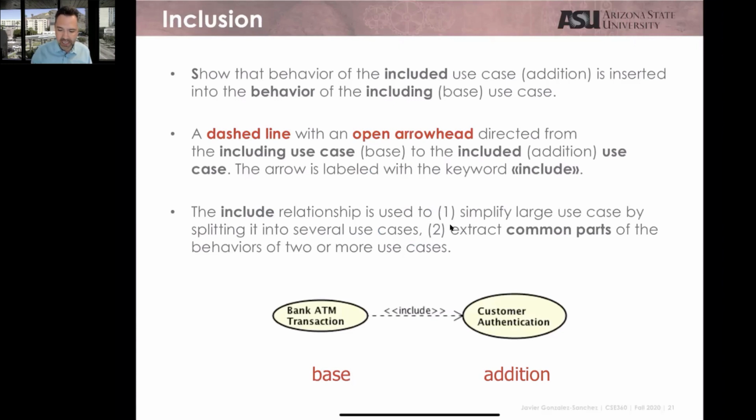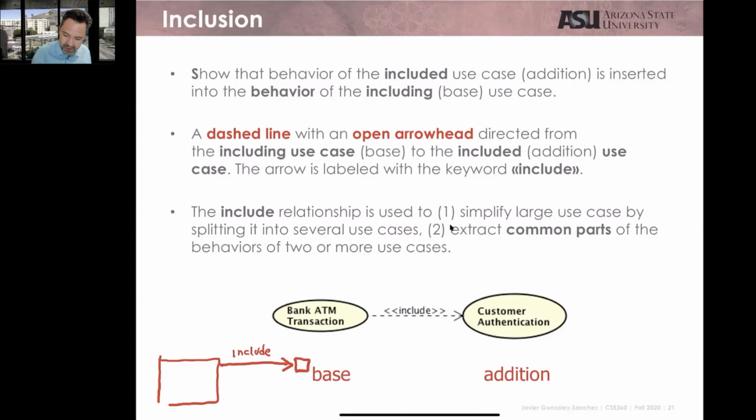When you are using include, you have something that is big, and there is an arrow that goes from the big thing, call it the base, and it's going to point to something small. The base is the big thing, and the addition is something small, and the include means that we want that thing, the small one, inside of the big one.